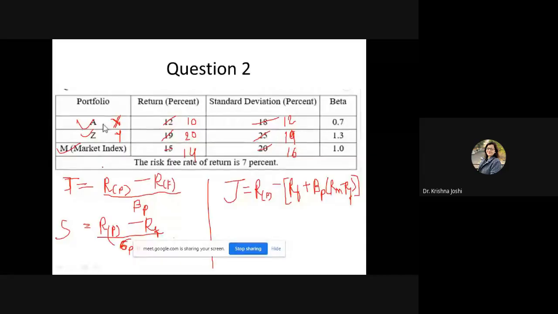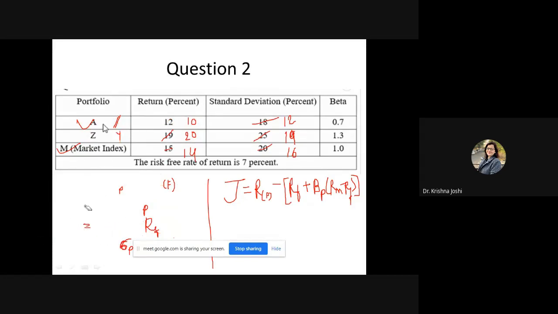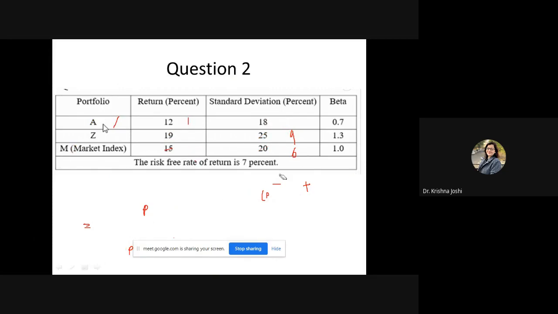So in the same table, you will have to make portfolio return and standard deviation. Wait a minute. Right, same table, I'm writing: this will be portfolio X, this is portfolio Y, and this is market index.